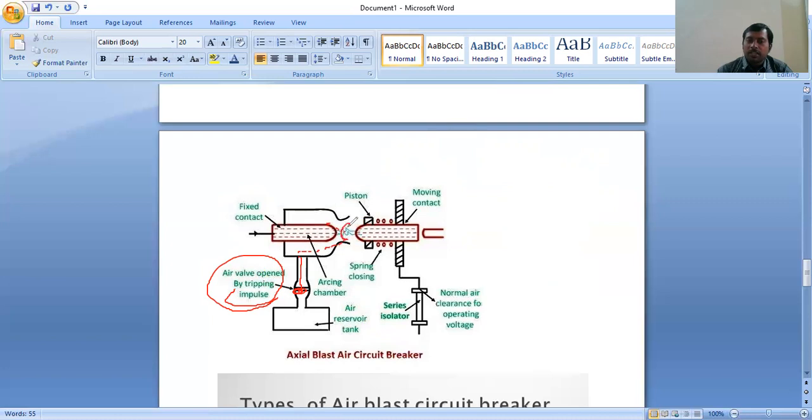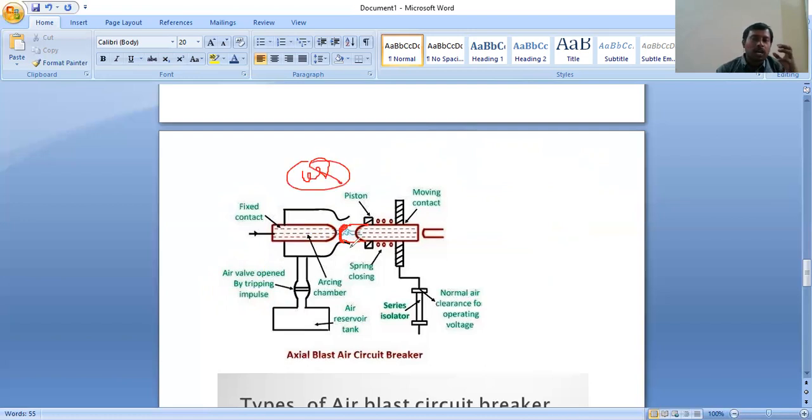Initially there is a small gap between the fixed contact and moving contact, a small gap to flow the air with high pressure. If the gap is more, pressure will be less. If the gap is less, air pressure will be more. So during the opening of the circuit breaker, air pressure will be more because the air gap between the fixed contact and moving contact is less.